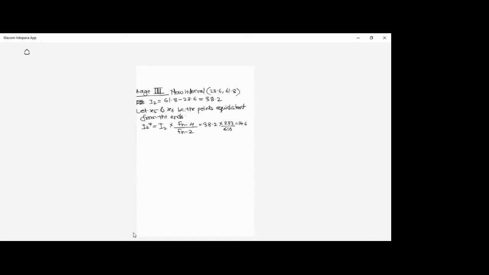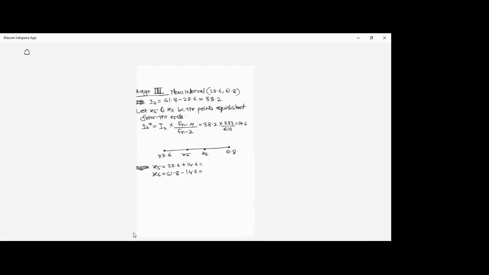All right. Now we can find the values here, 23.6 and 61.8. So we have x5 and x6. The value of x5 will be 23.6 plus 14.6, and x6 will be 61.8 minus 14.6.